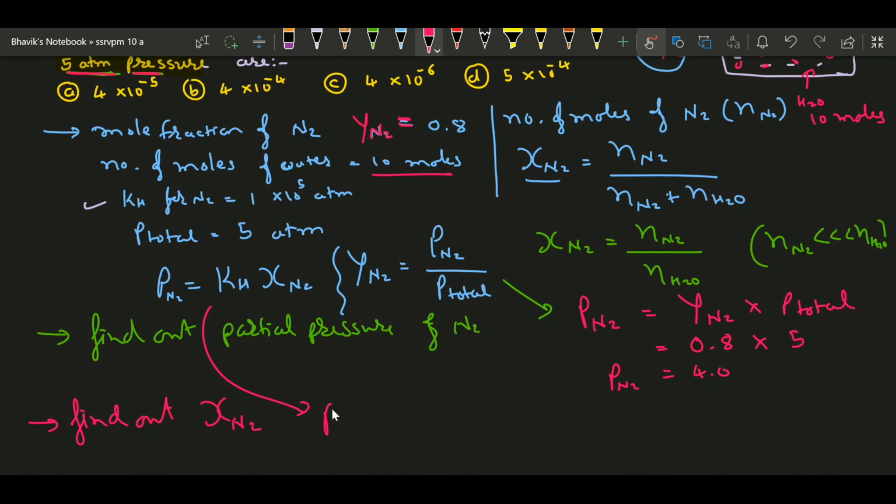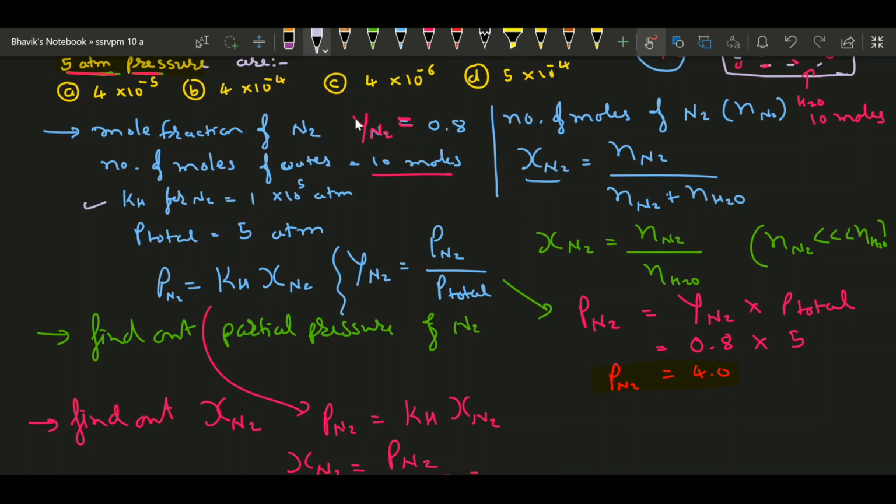What is it? Pn2 is equal to Kh into xn2. Make xn2 the subject. The formula can be written as Pn2 divided by Kh. The value of Kh is already given here, and the value of Pn2 we have already found here.